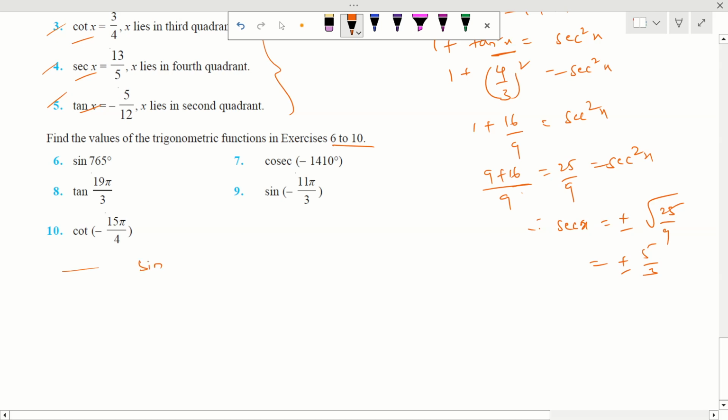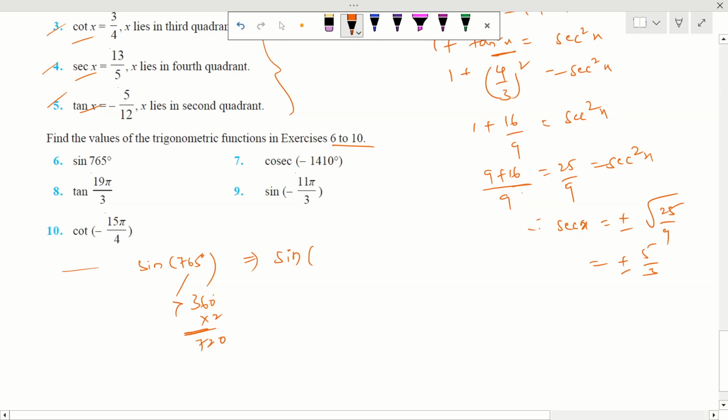So here 765 degrees is given. We know that 765 is greater than 360 degrees, right? So how can we write it? We take 360 into 2, which is 720, right?